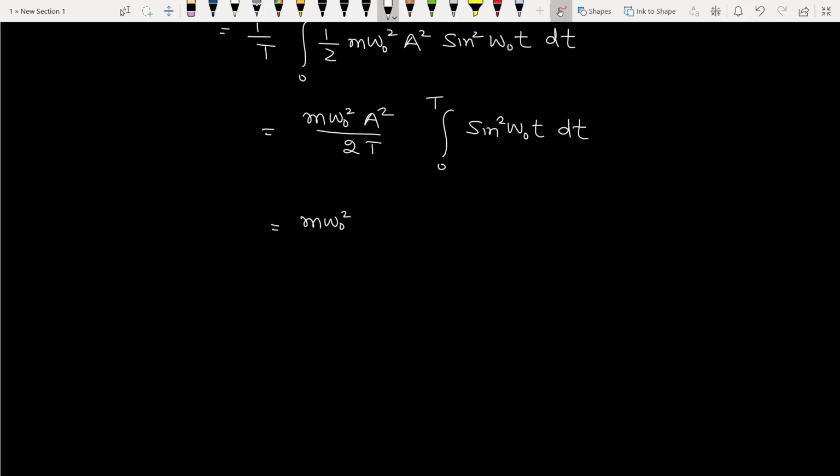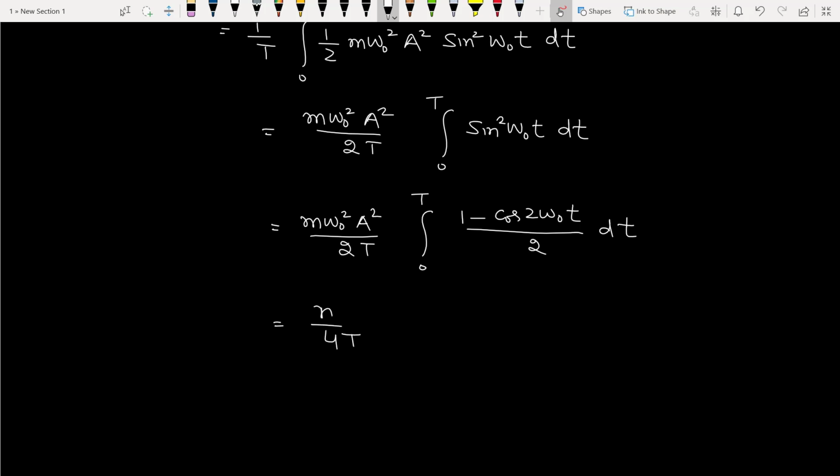This we can write as 1 minus cos 2 omega naught t divided by 2. So 2 comes outside, it will be 1 by 4T m omega naught square a square, 0 to T, 1 minus cos 2 omega naught t dt.